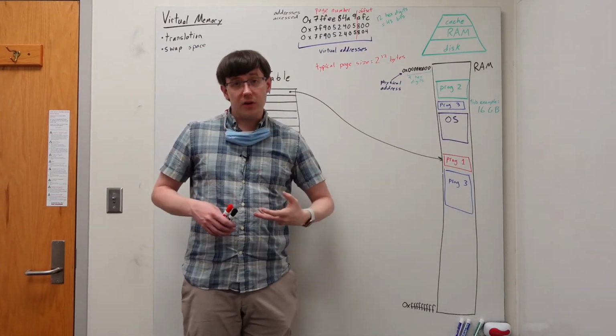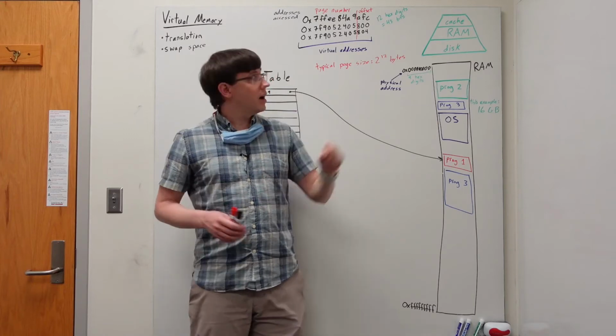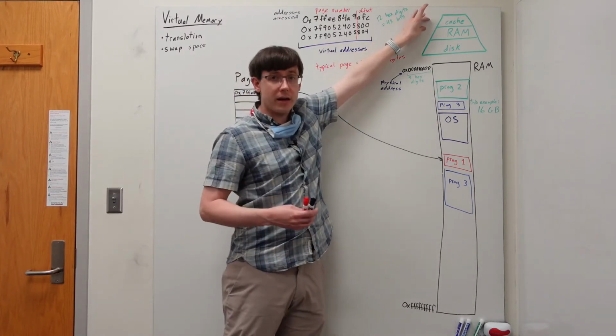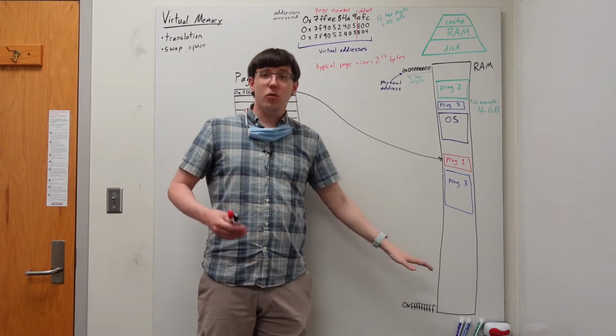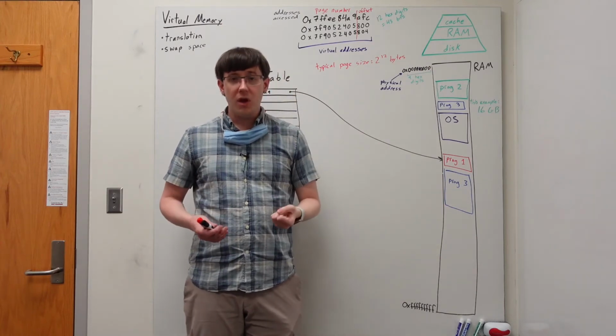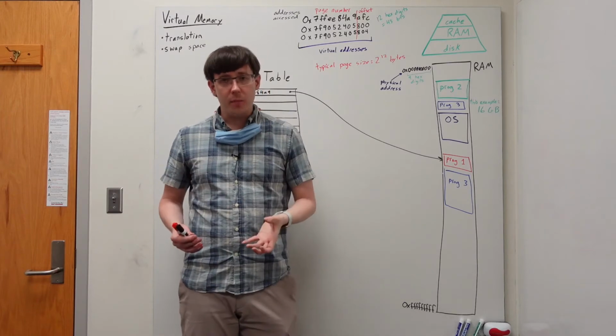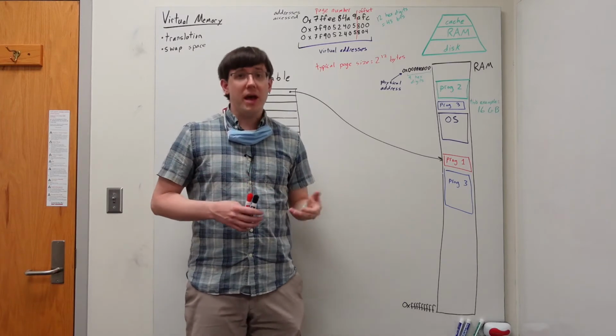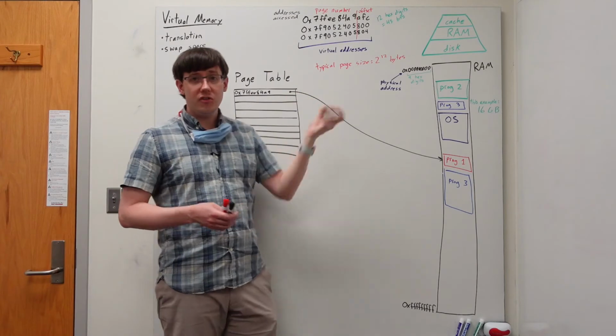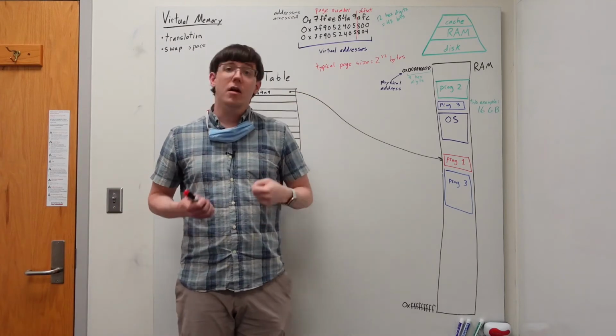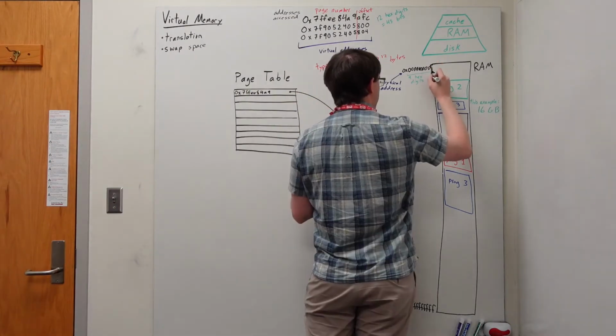And this is accomplished much like when we split up the cache into lines. We can split up RAM into frames where the size of each frame in the RAM is the same as the size of the pages of data that we are allocating for each process.